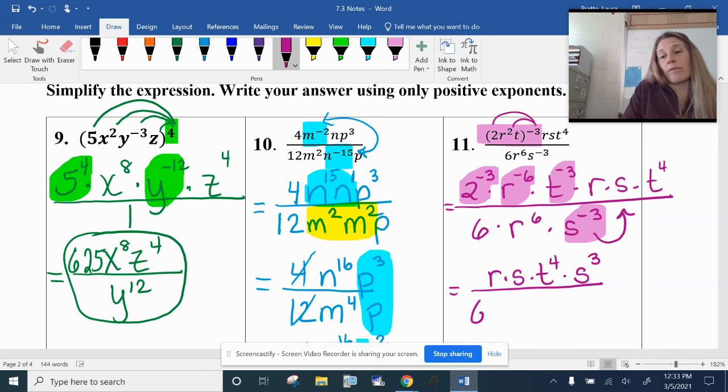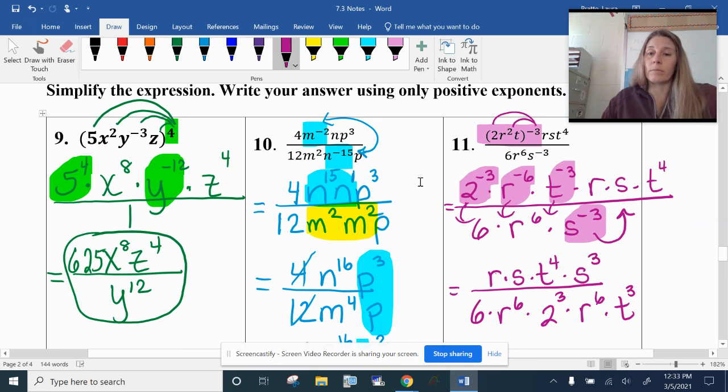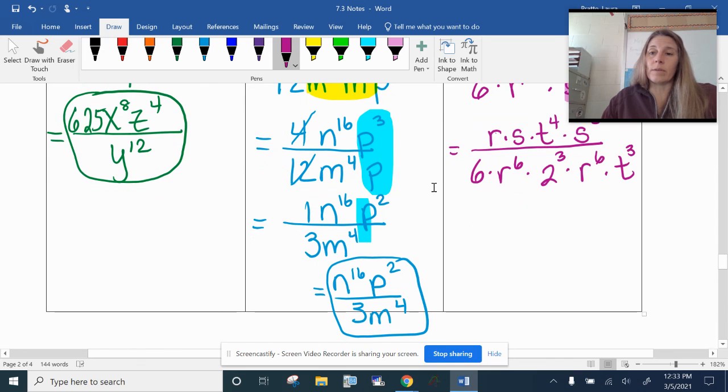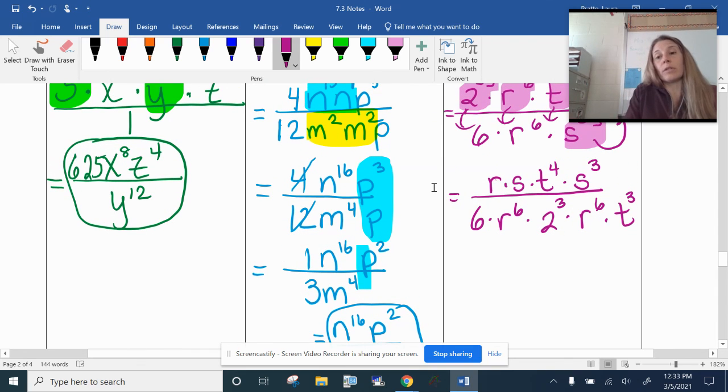On the bottom, I have my 6, my r to the 6th, and now I'm going to move these 3 all down. So I'll have 2 to the 3rd, r to the 6th, and t to the 3rd. So it seems like there's a lot of steps, but that's just so I don't miss anything. It just helps keep it organized.